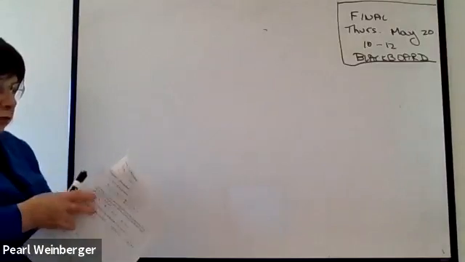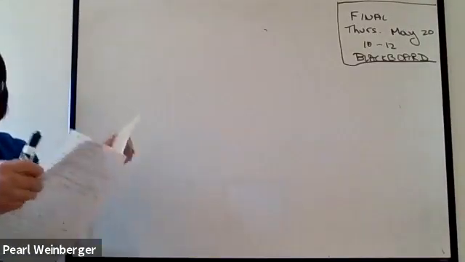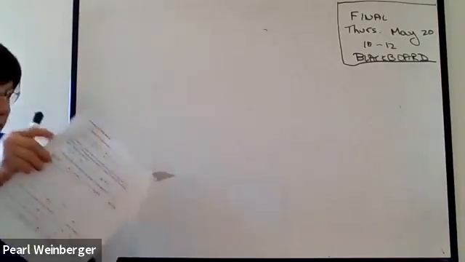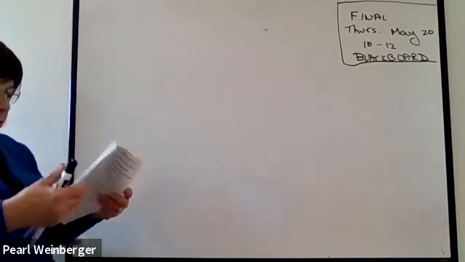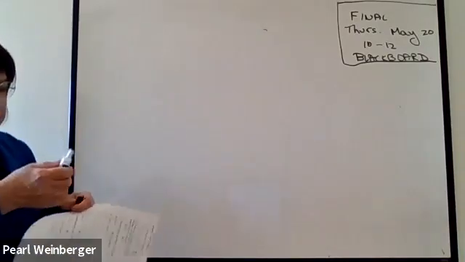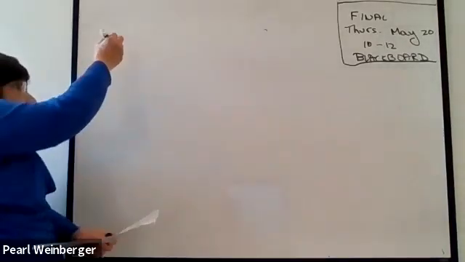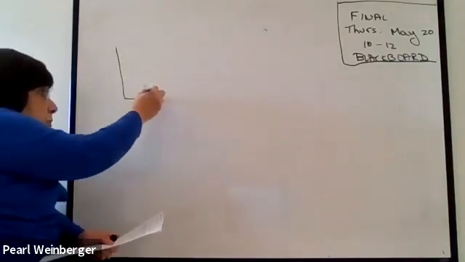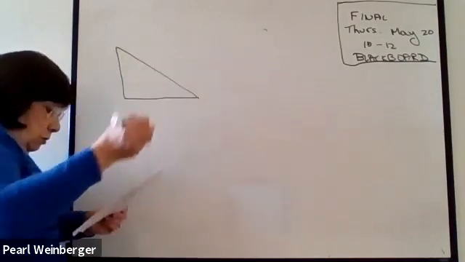So let's first go over the type of questions that would be on Pythagorean theorem. Let's say I gave you a question that looks like this. We give you a triangle.